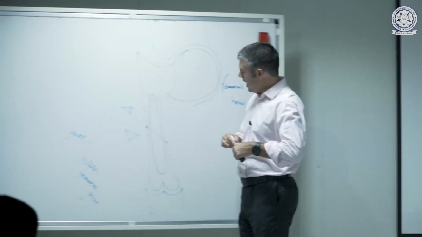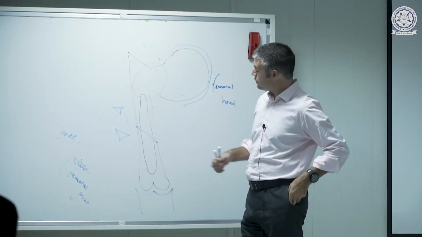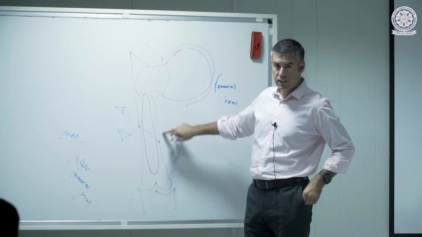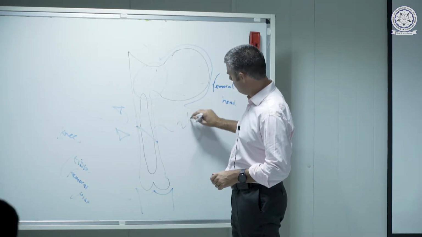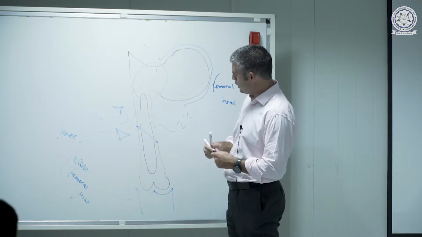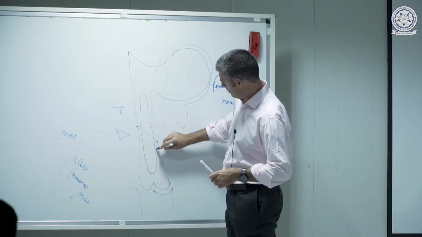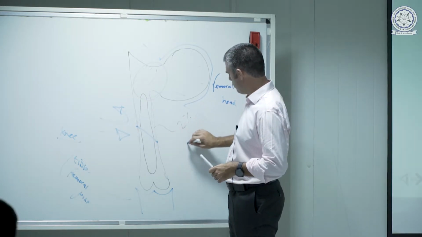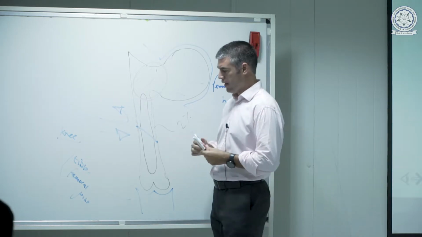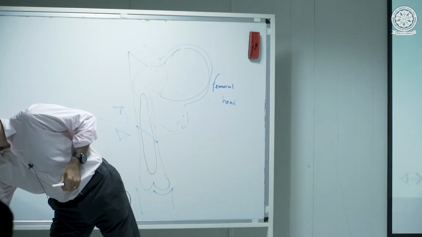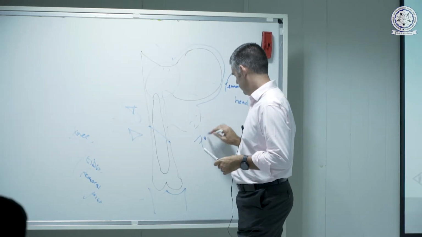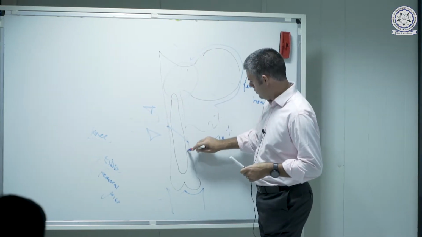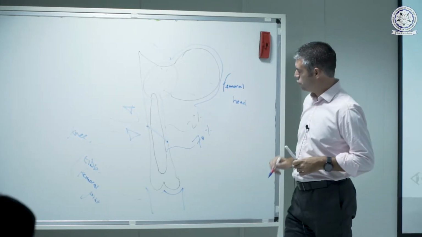Of particular interest again is that the cortical bone on the outside is very stiff, so it can withstand approximately 2% strain, whereas the cancellous bone inside it can go up to about 70% strain.